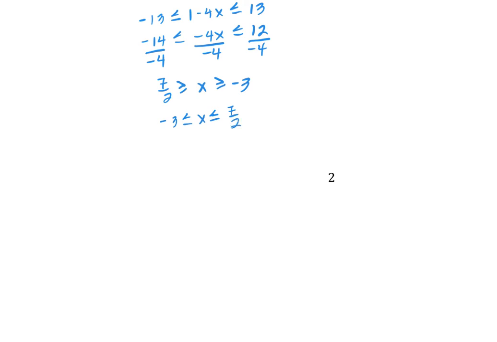So now I'm going small to large. And it's a less than or equal to, so I'm going to use the brackets and translate this to the interval negative 3, comma, 7 over 2. And these are brackets. So don't forget to flip the inequality if you're multiplying or dividing by a negative number.